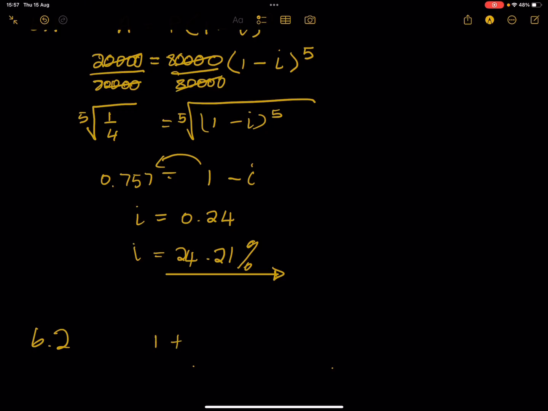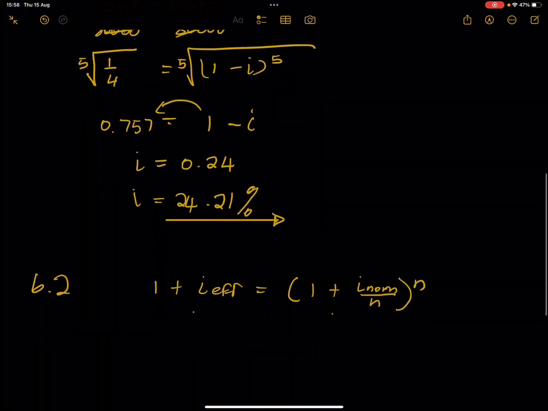Always say 1 plus i effective, right, will be equal to 1 plus i nominal over n exponent n, right? So we are looking for the effective interest rate.